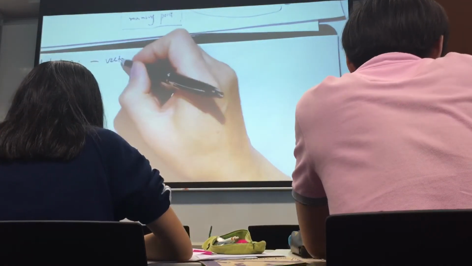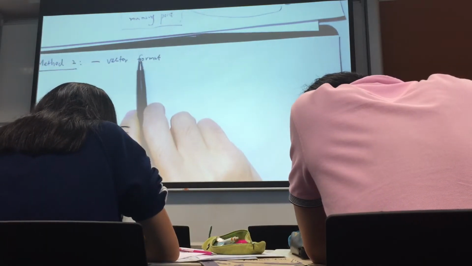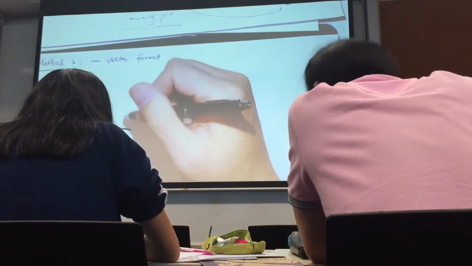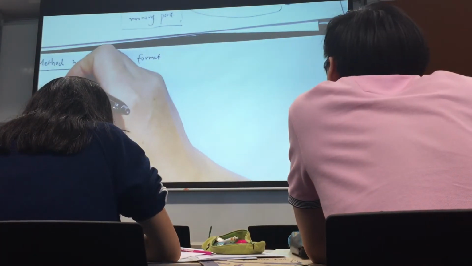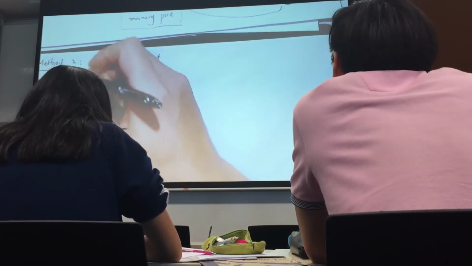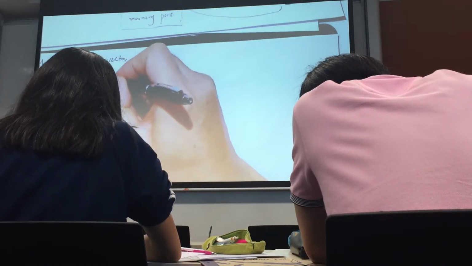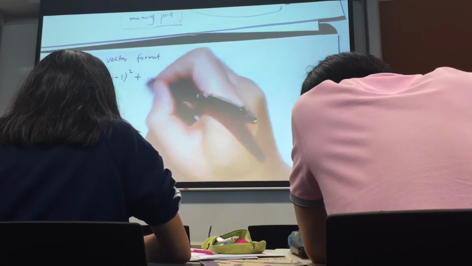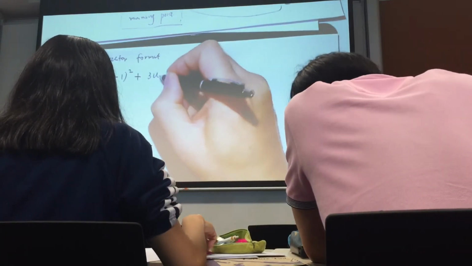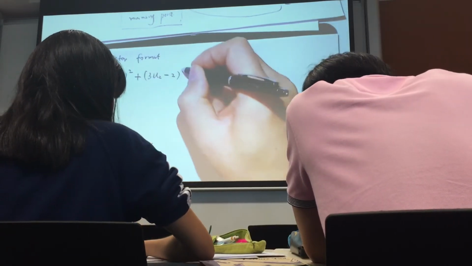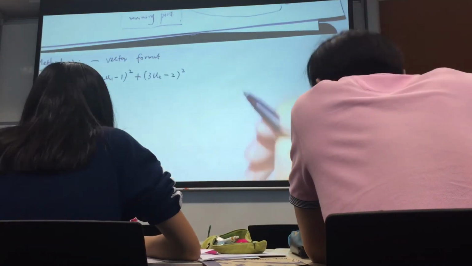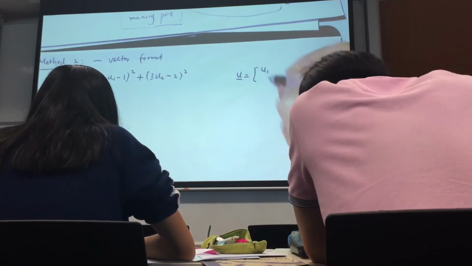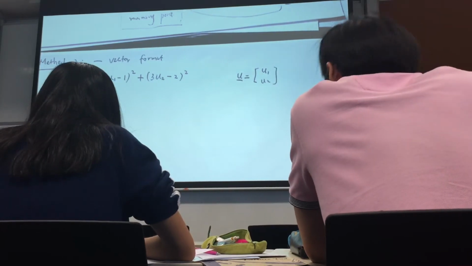Firstly, we need to develop the cost function properly into a vector form. We have J(u) equal to (2u1 minus 1) squared plus (3u2 minus 2) squared, and remember that u is defined by u1, u2.